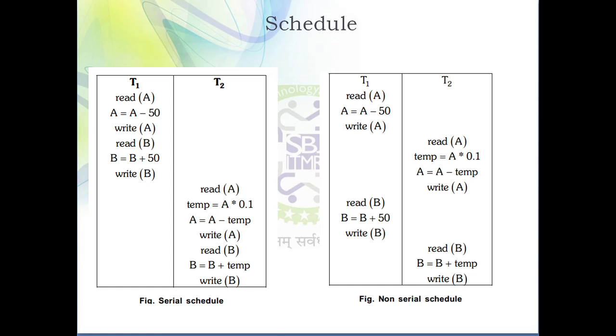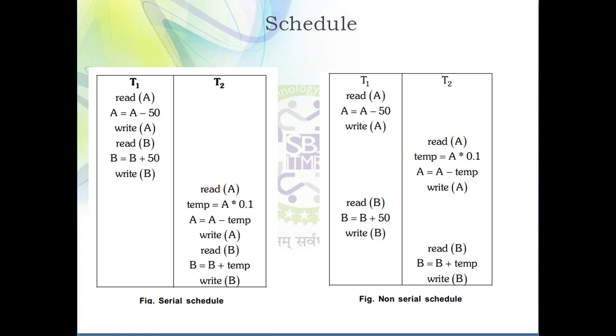So waiting time is very less as compared to a serial schedule, whereas in a serial schedule waiting time is more. So we can say that a non-serial schedule is better than a serial schedule as far as waiting time is concerned. In case of a non-serial schedule, waiting time is very low.